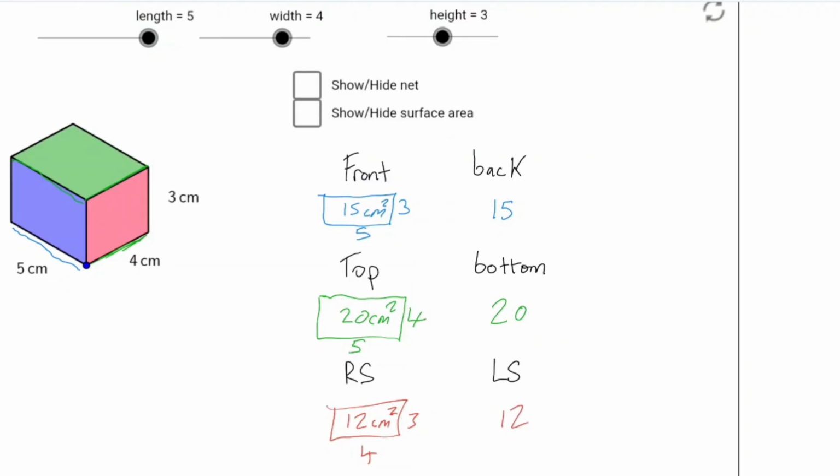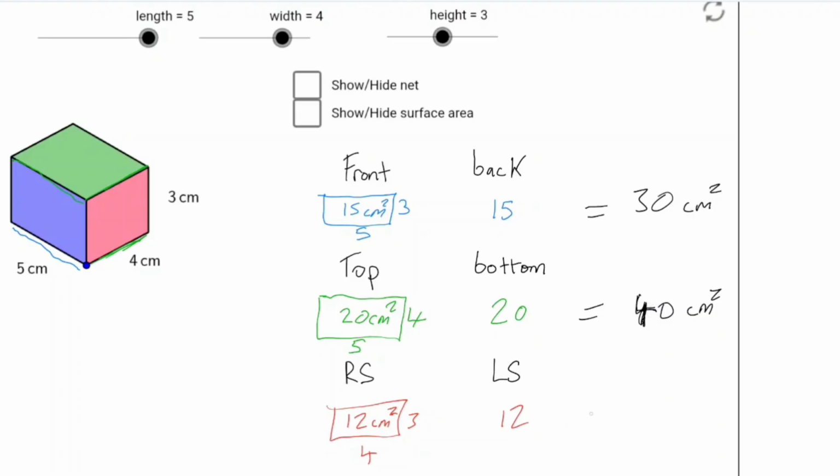So the surface area is just adding up the area of all the faces. So let's add up the area of all of these faces. So 15 plus 15 is 30. 20 plus 20 is 40. And let's put centimeters squared. 40 centimeters squared.